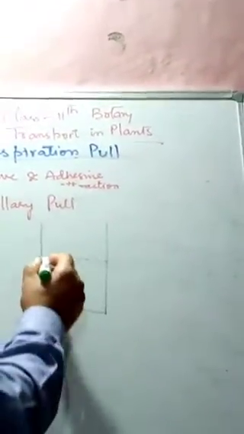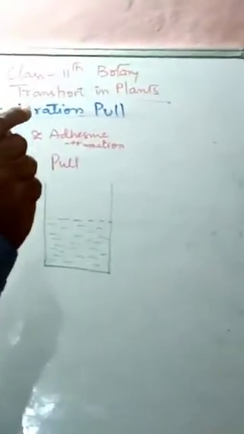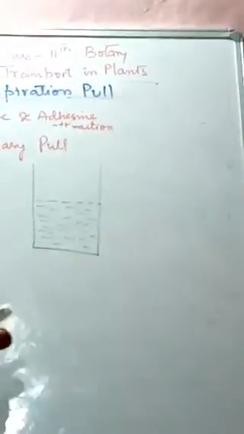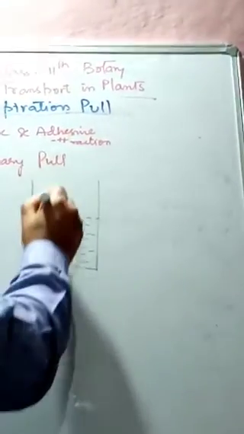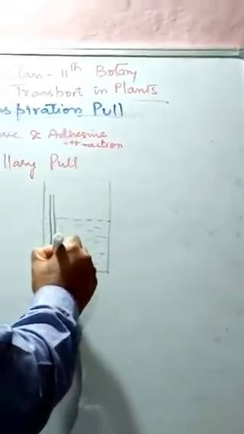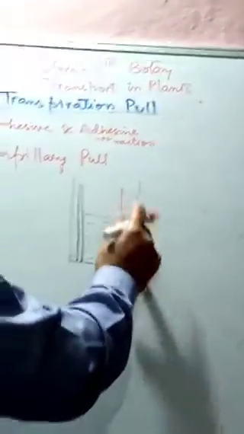If this is the water in a beaker, with the water level here, in this water we put two straws. One straw has a smaller diameter, it is thin, and another one is thick. This is the thin capillary tube or straw that we put in, and another one is somewhat thick.